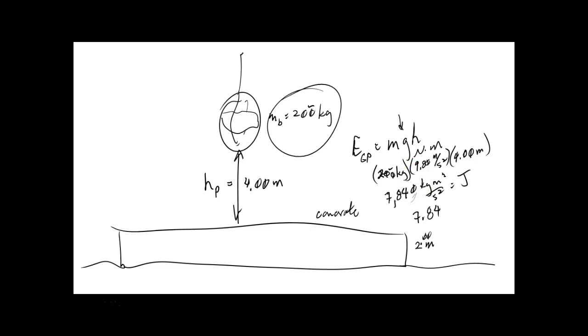What I've done is made this big number into a smaller number. That means I have to put a metric prefix in front of the joules. Which one? What represents 1,000? Which metric prefix represents 1,000? We went through this a little earlier today.